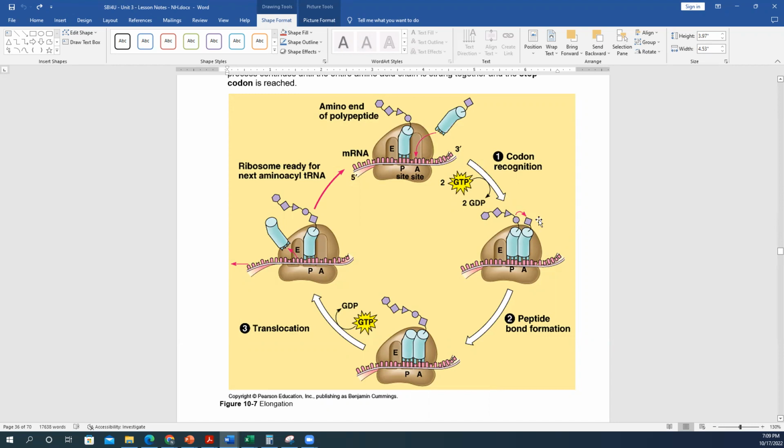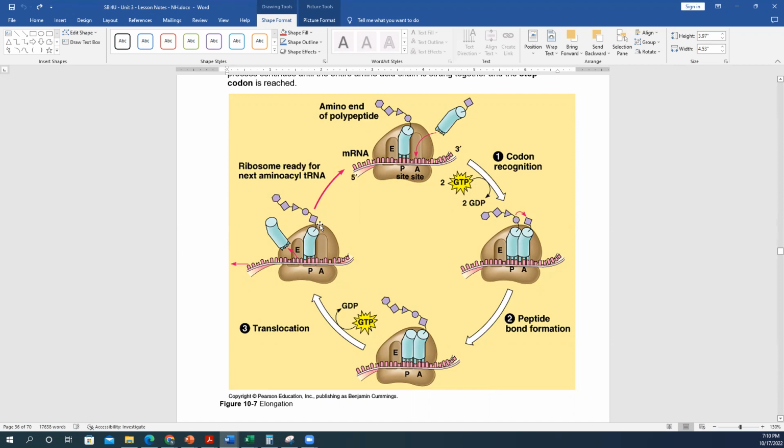And when that bond forms, then that amino acid, so let's say this methionine, imagine it was all the way down here, that one gets released from its tRNA, and then that tRNA dissociates from the P site.